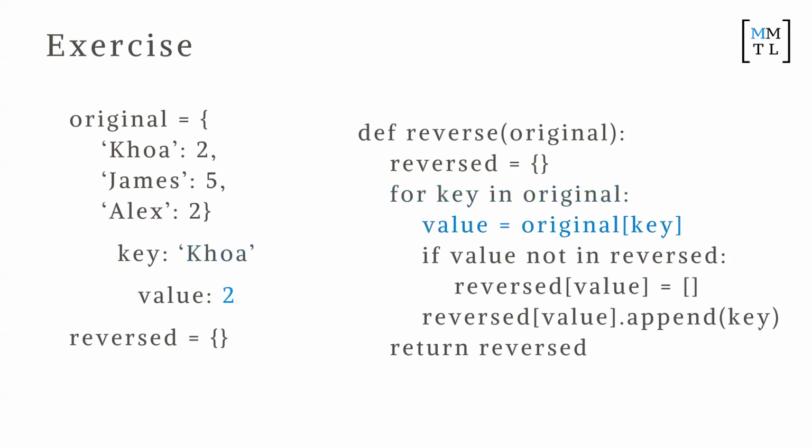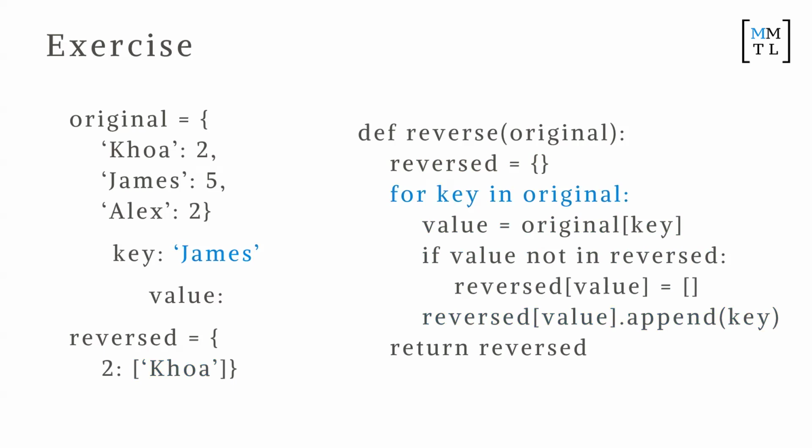So value equals original key. So in this case, I haven't used the for key value loop, but I've just drawn out the value from the dictionary. So pretend it as if it's a for key value loop. If the value is not in reverse, so we don't have any entries for the first time, we're going to create a list and then append the value to that list. Does that make sense?